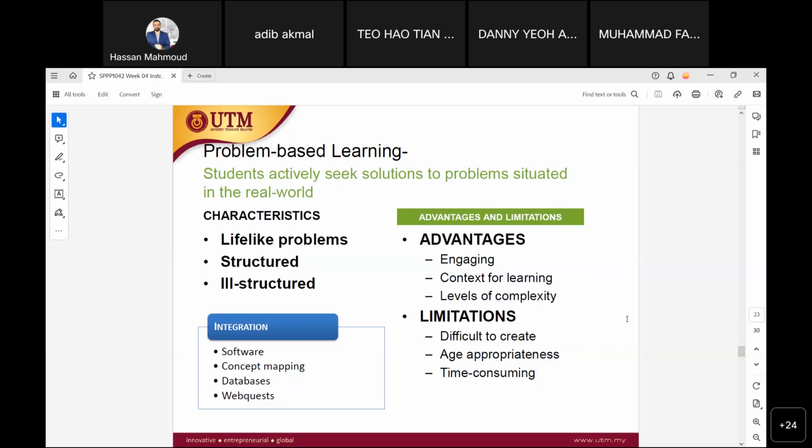Problem-based learning. Any example? Anyone?